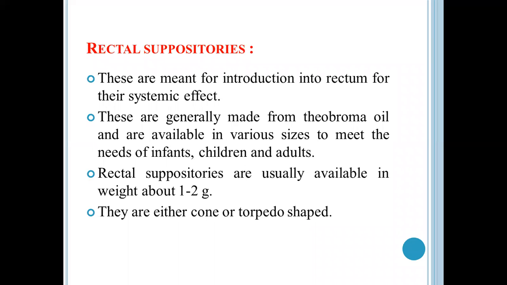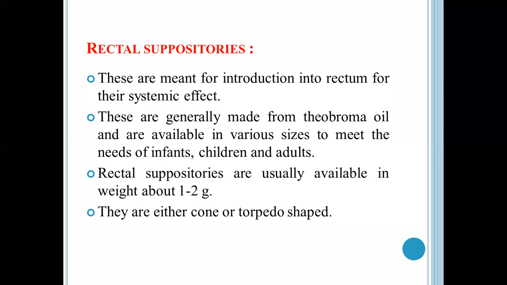It means these rectal suppositories are prepared for insertion into the rectum and after that they show their systemic effect. They are generally prepared from theobroma oil and are available in different sizes and shapes to meet the needs of infants, children and adults.